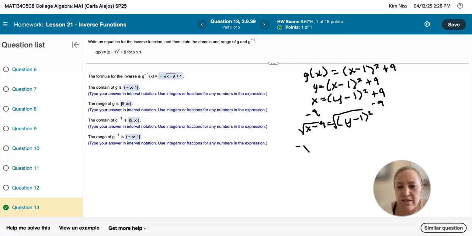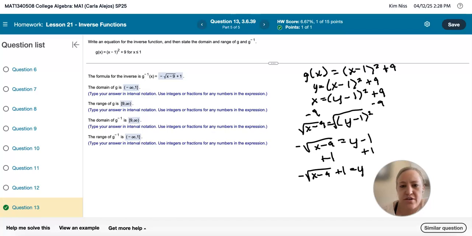So we're going to keep this side negative: negative square root of x minus 9 equals y minus 1. Now we add 1 to both sides, and we have our inverse equation: negative square root of x minus 9 plus 1 equals y.